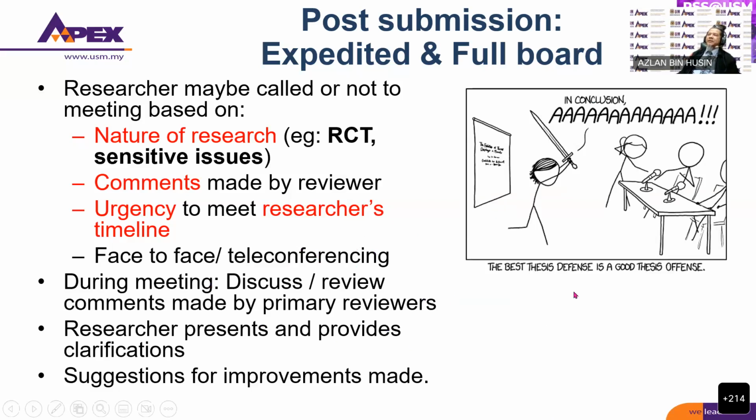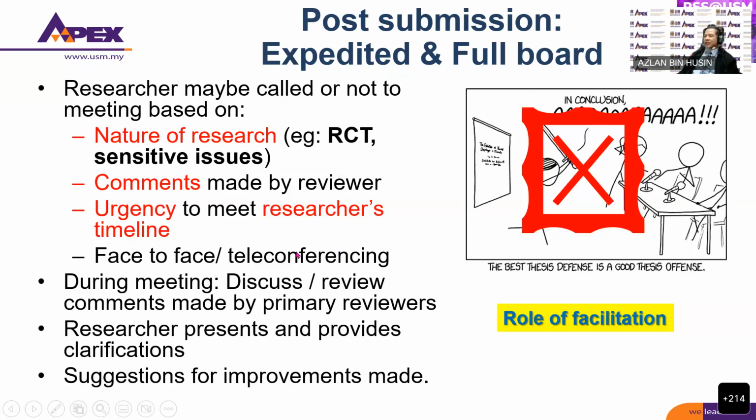Some people say defending before the ethics committee full board is something like fighting. No, it is meant to be a role of facilitation, because our aim is to protect the participant or subject, protect the researcher, and eventually protect the USM.